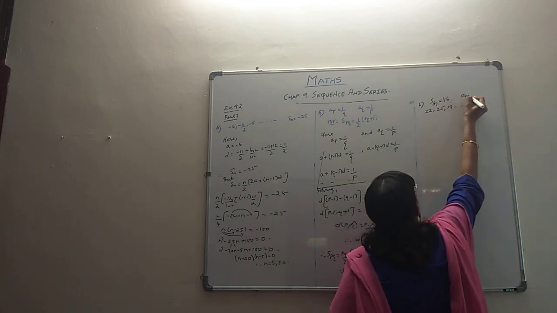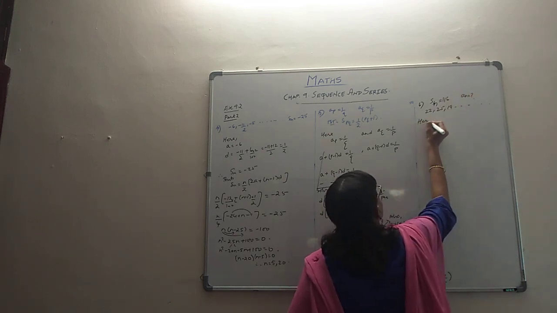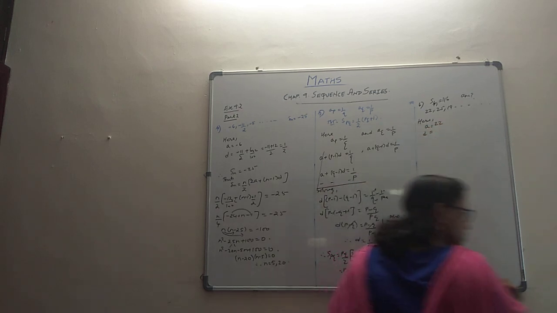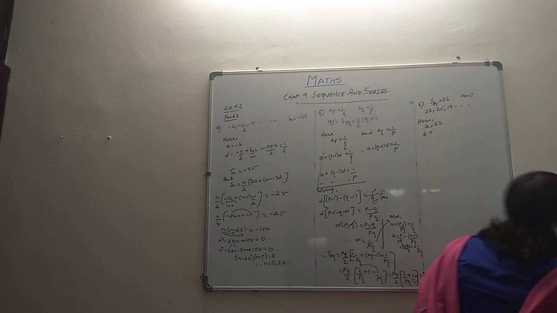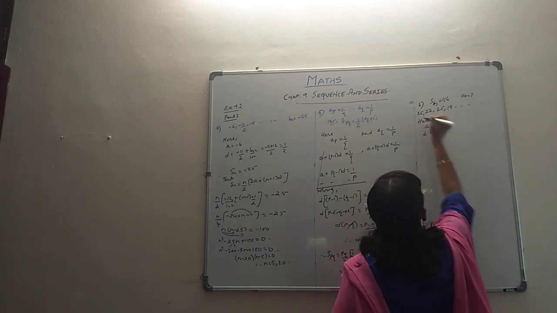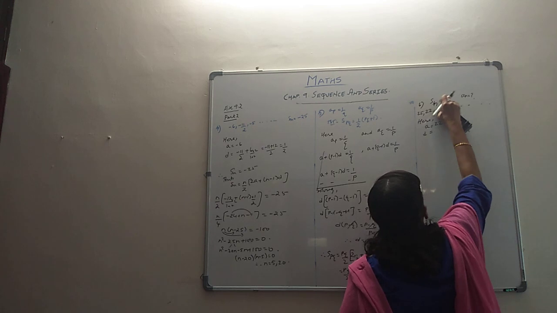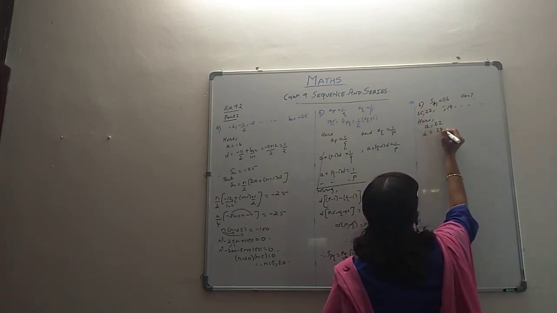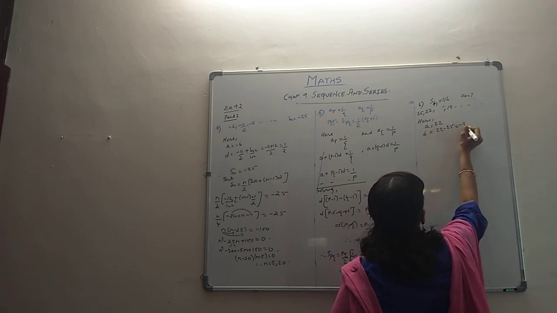Find A. Right. Here, what is our A? 22. What is our D? How is that? It is 25, 22. So, we will have A2 minus A1, 22 minus 25, which is minus 3.